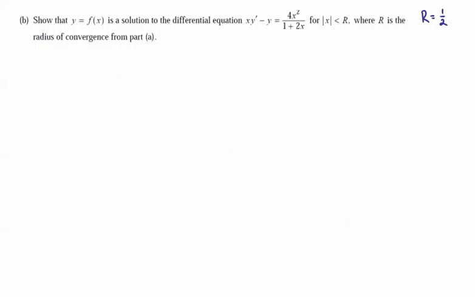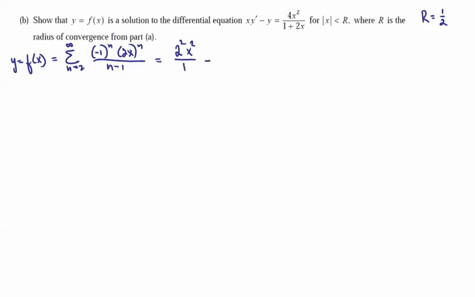Let's remember for a second that the function we're working with, y equals f of x, is the sum from n is equal to 2 to infinity of negative 1 to the n, 2x to the n, all over n minus 1. If we wrote out a few terms of that, starting with n is equal to 2, the first term will be positive 2 squared x squared over 1.